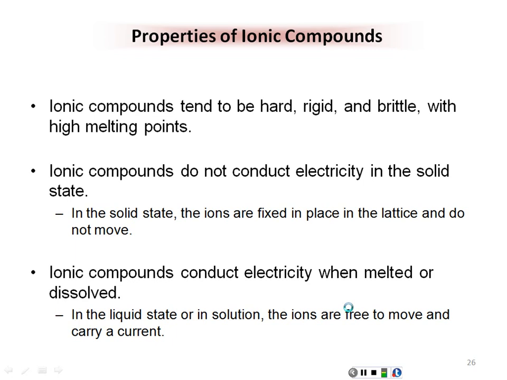The ions are fixed in place, so there's nothing to transfer charge. Ionic compounds do conduct electricity, though, when they're melted or when they're dissolved, such as dissolving in water. In these cases, the ions are free to move, and they can carry a current.